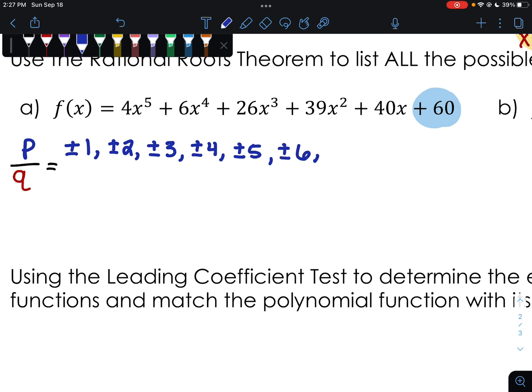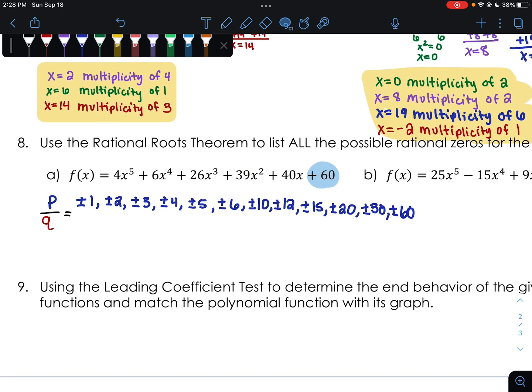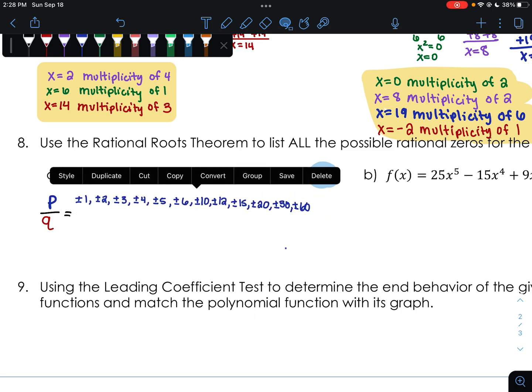And then we have, let's see, plus or minus 10, plus or minus 12, plus or minus 15, plus or minus 20. Ooh, this one has a lot. Plus or minus 30, and plus or minus 60. So I am going to go ahead and make those a little smaller on my paper. Okay, but those are all of them.